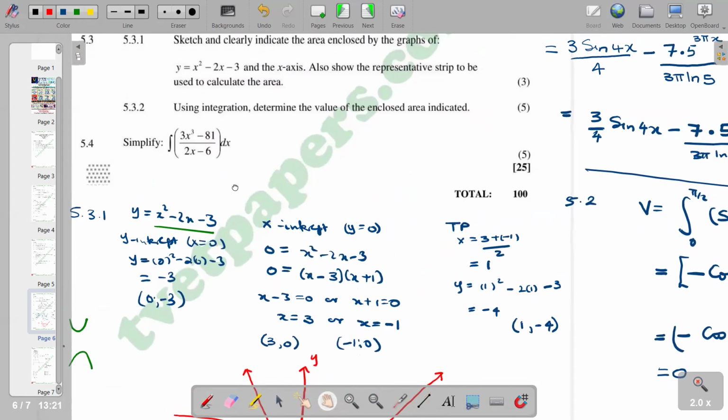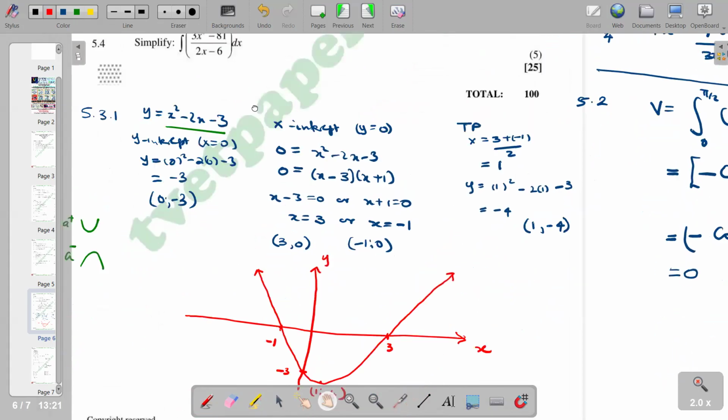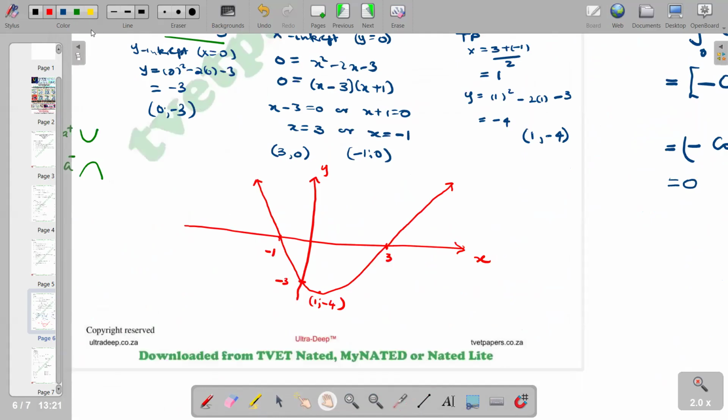Indicate the enclosed area which is enclosed by the graph and the x-axis. So the area enclosed by the graph and the x-axis is this one, which I'm going to shade in green. If you check, this is our graph and this is our x-axis. Here it's our origin.